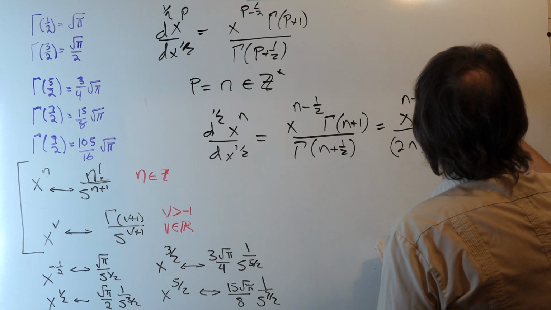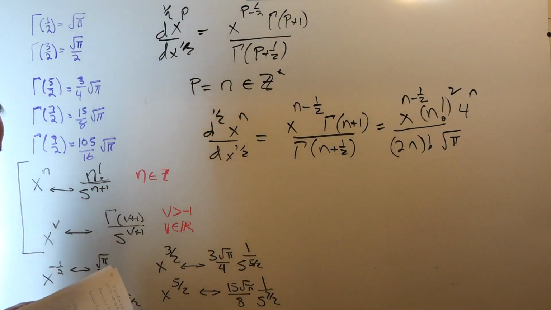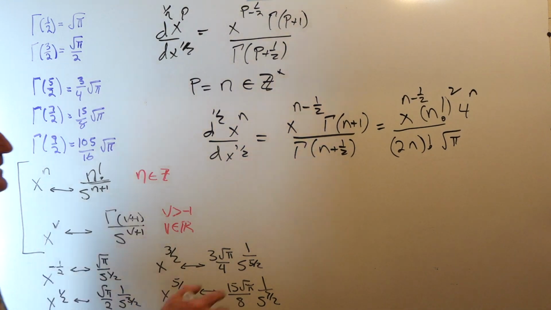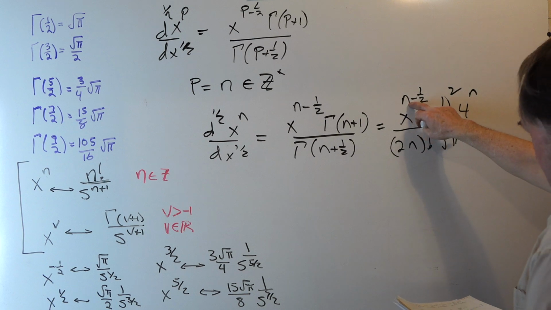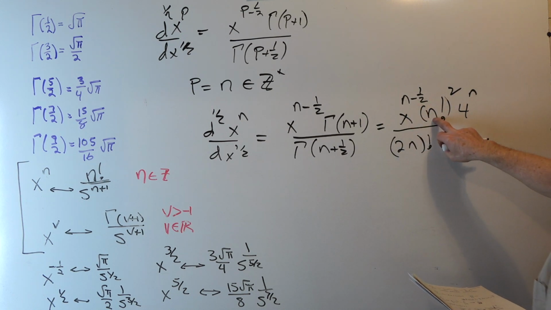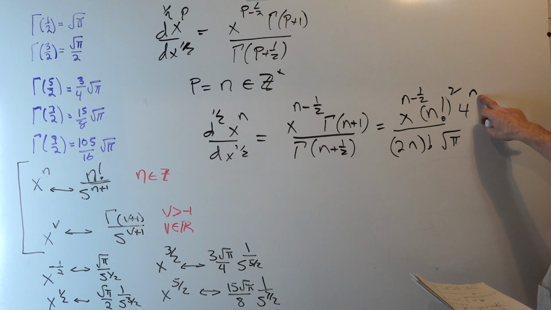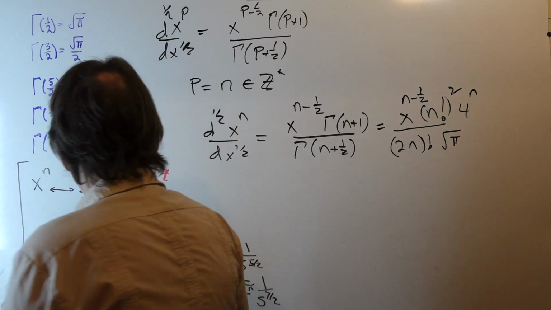So we'll have an n factorial squared. So when x has an integral power, and we're taking the 1/2 derivative of it, this is what we end up with. We have x to the n minus 1/2 times n factorial squared times 4 to the n divided by square root of pi times 2n factorial.